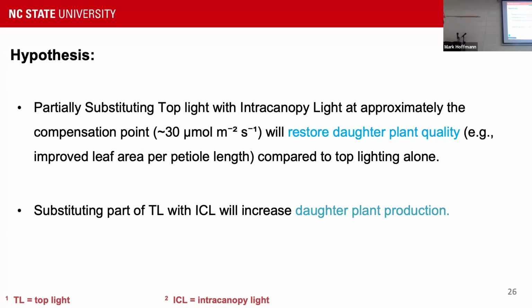We hypothesized that partially substituting top light with intercanopy lighting, at least at the light compensation point, so at least around 30 micromole in the intercanopy lighting, will restore that daughter plant decline. Also, we hypothesize that it will increase the total production because of more homogeneity in the 3D planting area.